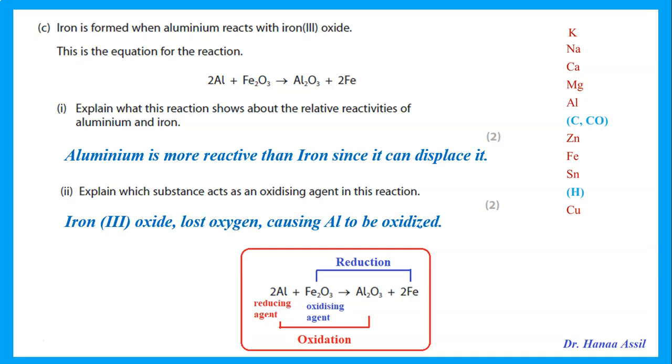It's the one that gets reduced. So the one that is reduced gives up its oxygen to the other element, so it is an oxidizing agent. So the iron 3 oxide is the oxidizing agent because it lost oxygen, or it gave the oxygen to aluminium, causing the aluminium to be oxidized.